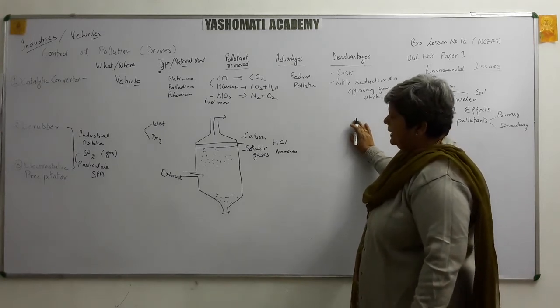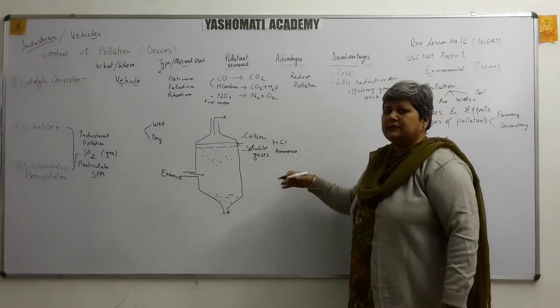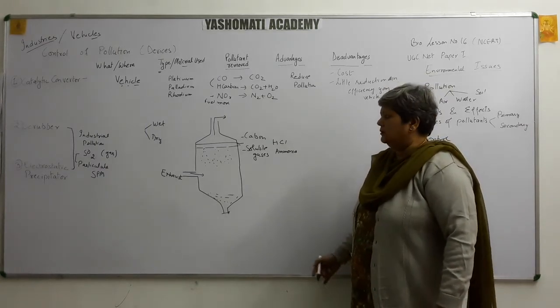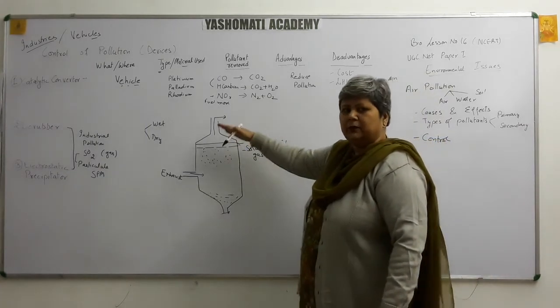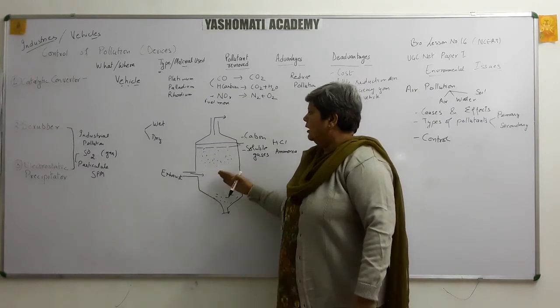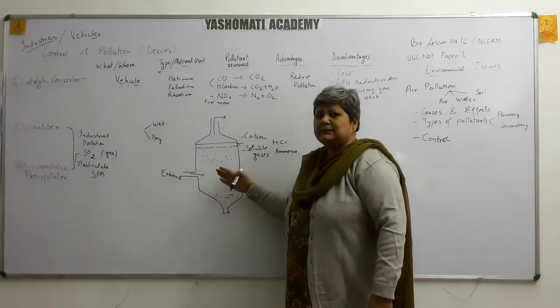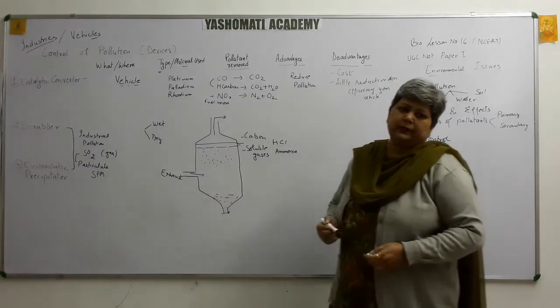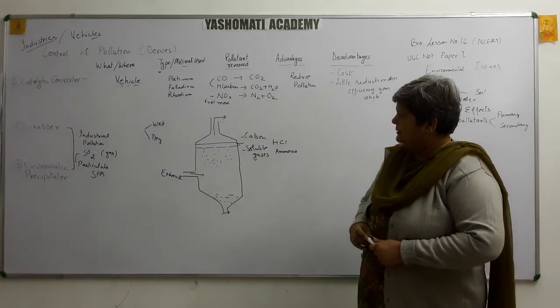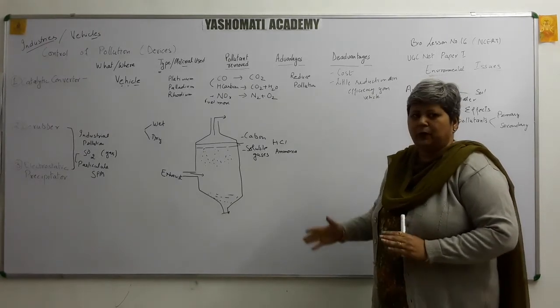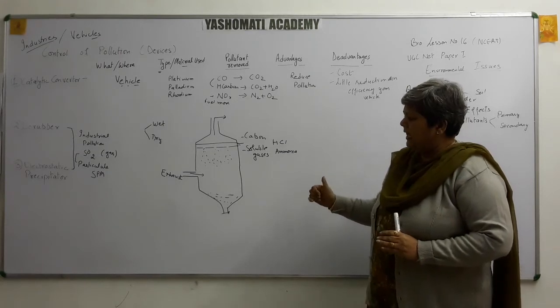Second, it causes some water pollution also, because we are spraying water over the smoke. Because of that it needs a constant supply of water, so it uses electricity as well as water.